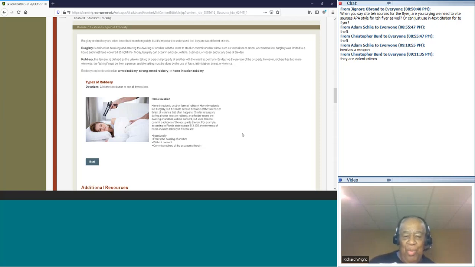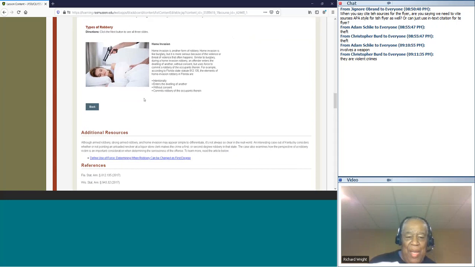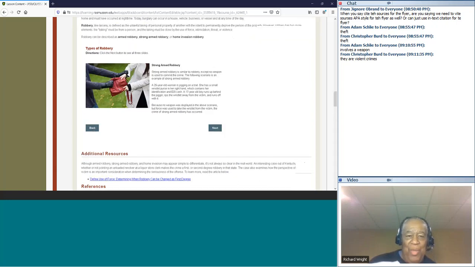That sounds like burglary. But then commits robbery of the occupants. And we already talked about the elements of robbery, okay? Taking by force, or threat, or intimidation, or violence from another. So you got those three.